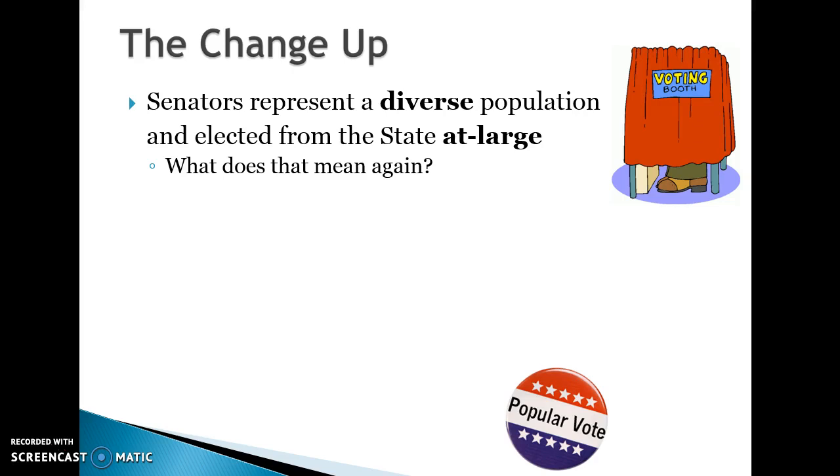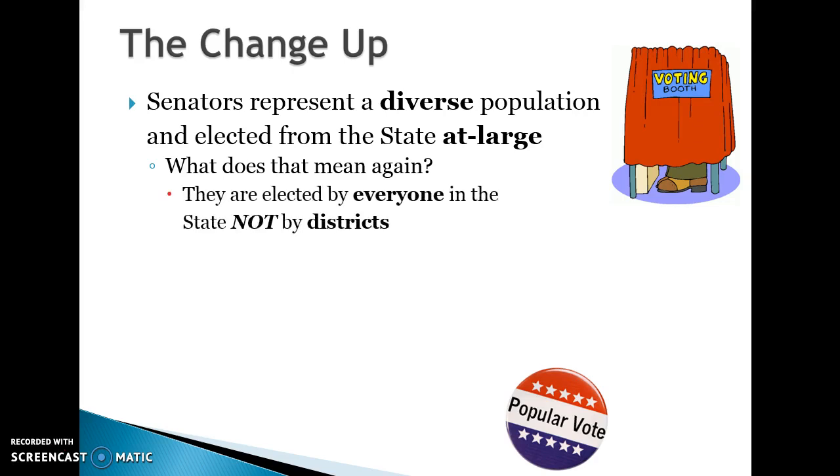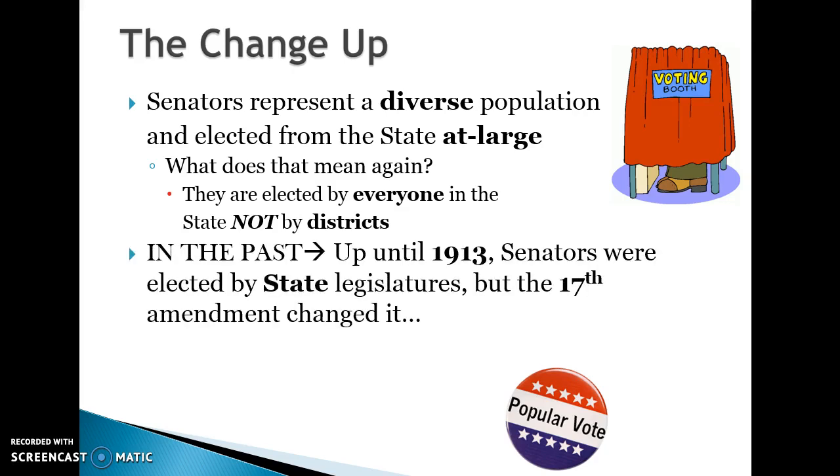Senators represent the entire state, which means they're elected at large, which means everybody in the state votes on whether they become a senator or not. So this isn't like the House of Representatives. They don't vote according to a district.